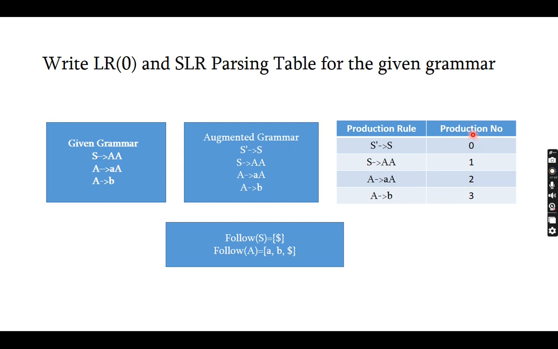I will tell you why we have taken these production numbers. We also have to find the follow of S as well as the follow of A. Follow of A is equal to a, b, dollar and follow of S is equal to dollar.